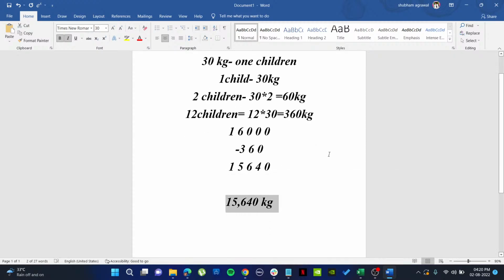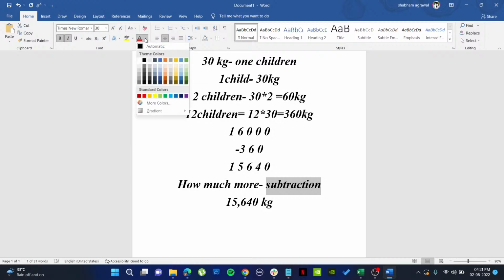So here we have learned that when we talk about how much more, it means that we need to perform subtraction. This is our main keyword, how much more.